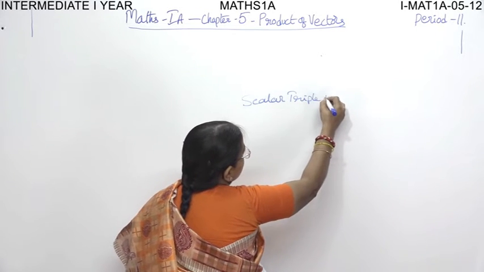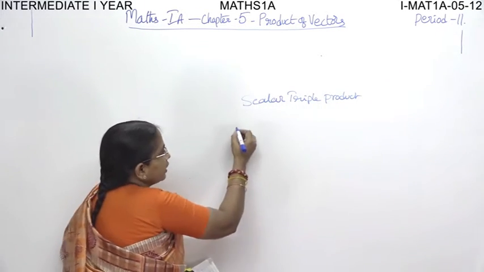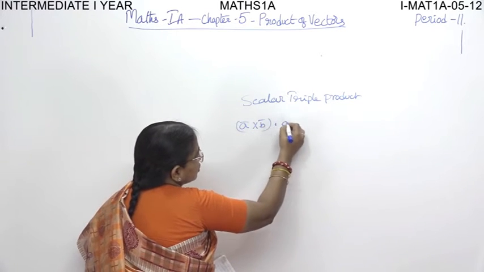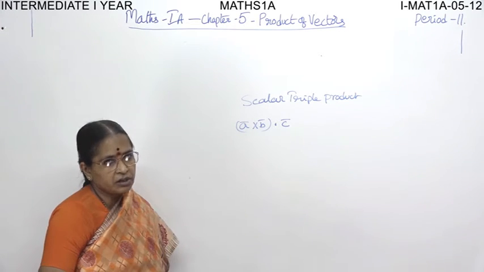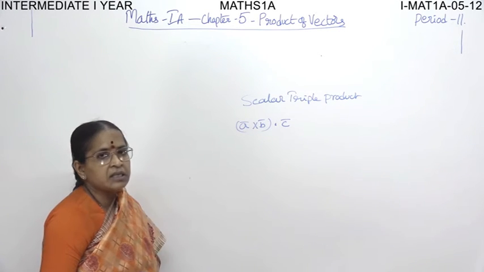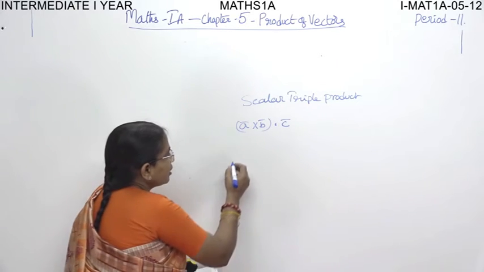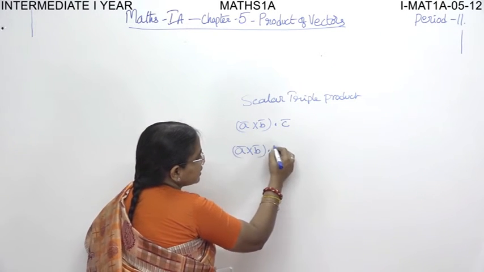As we discussed now, it is A cross B dot C. This product between three non-zero vectors A, B and C is called the scalar triple product. Now suppose that A cross B dot C is equal to 0.